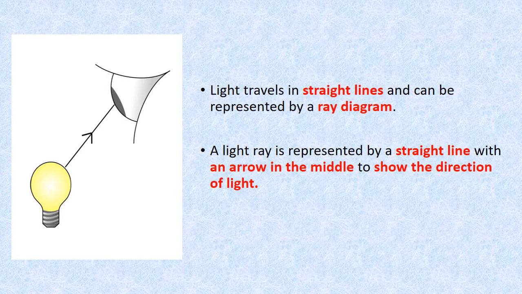Remember that light always travels in a straight line, and that can be represented by a ray diagram. A light ray is represented by a straight line with an arrow in the middle to show the direction of light. I think you can understand it properly by seeing this image.